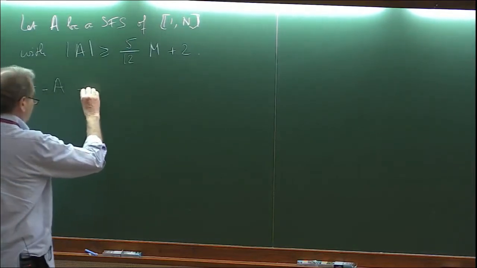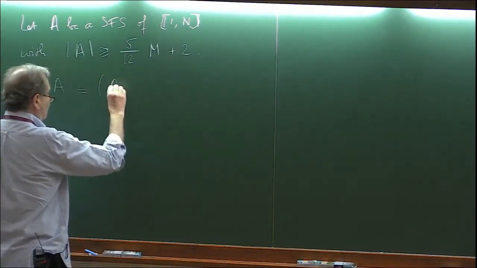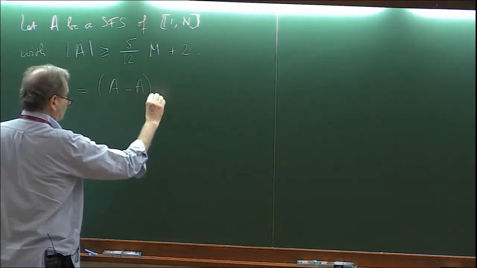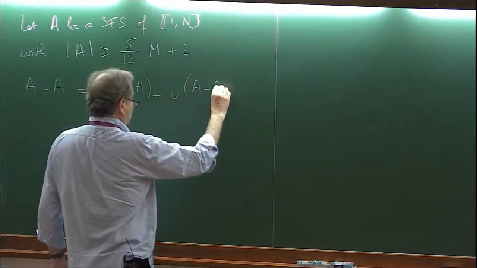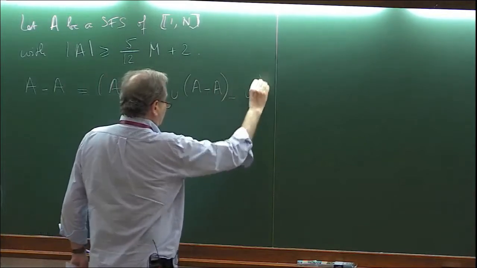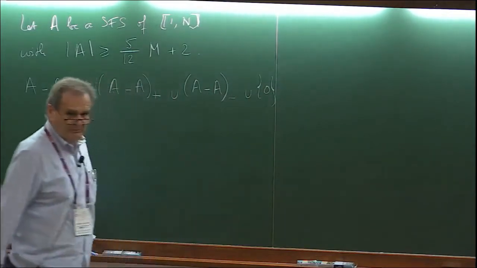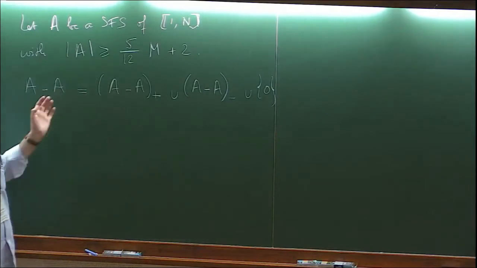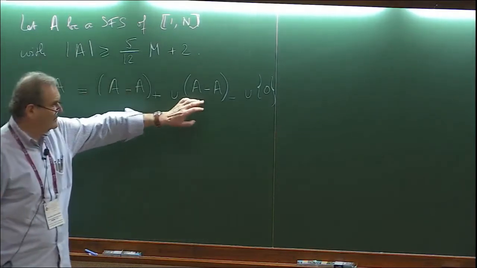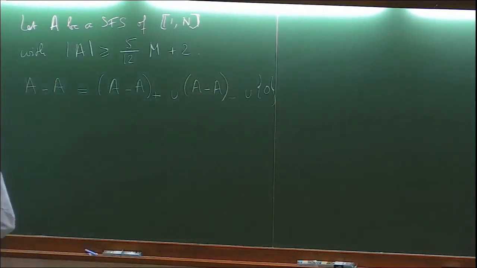So what you have is A minus A plus, union A minus A minus, union 0. I think the notation is clear. Those are the strictly positive elements in A minus A, those are the negative elements, and this is 0. And so it is disjoint, okay?